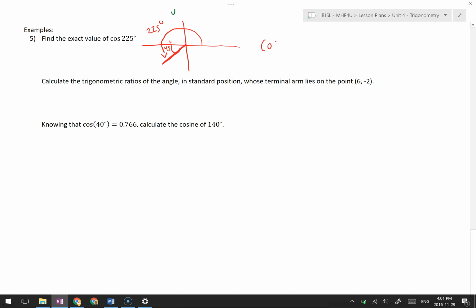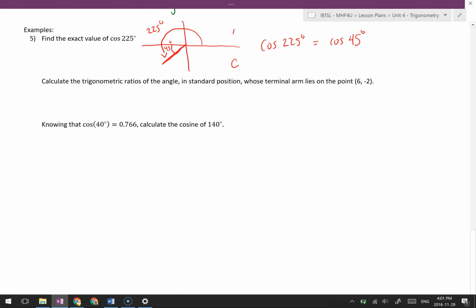So the cosine of 225 degrees is equal to the cosine of 45 degrees, except it may have a negative sign in front of it. And we can determine that from CAST. We're dealing with cosine in quadrant 3, where only tangent is positive, so this has to be negative: negative 1 over the square root of 2.